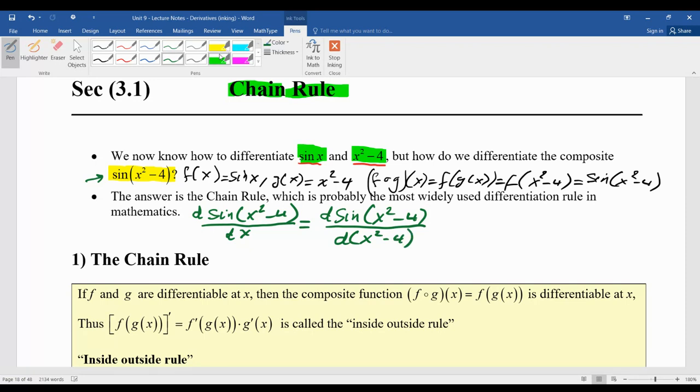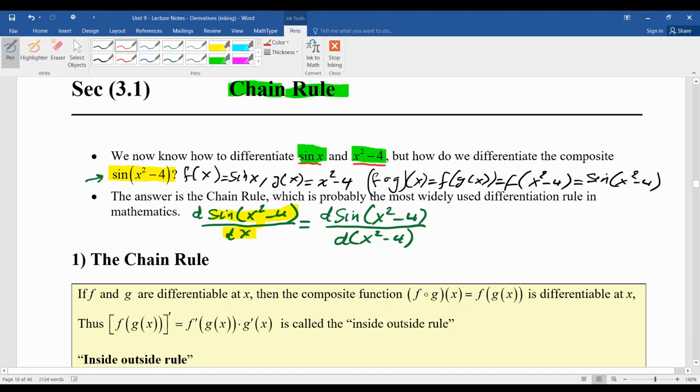If we go back to this function here, what this is saying is that I want the derivative of the sine of x squared minus 4 when a change takes place in x. So when x changes, sine of x squared minus 4 changes, but actually there are two steps.